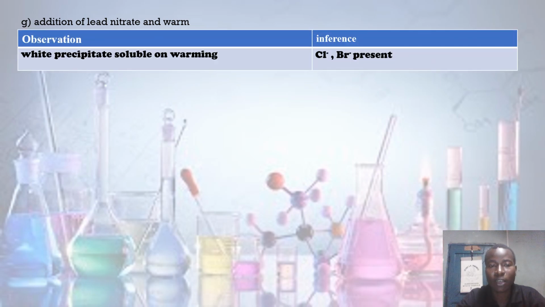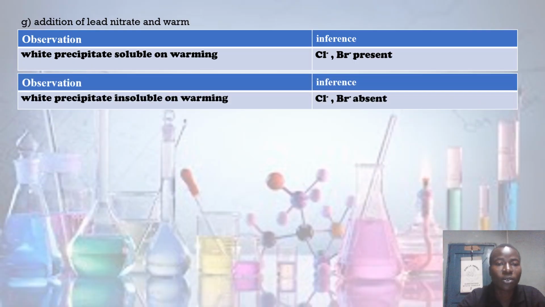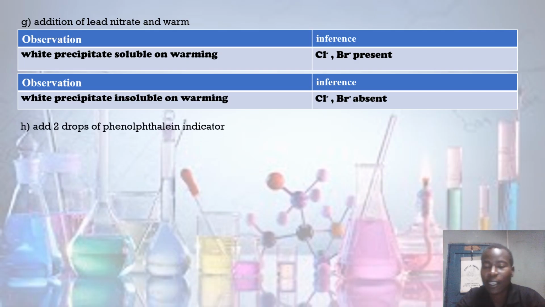You may see a white precipitate soluble on warming, which implies that the chloride and the bromide ions are present. But if the white precipitate is not dissolving when you warm, it implies that the chloride ion and the bromide ions are absent.